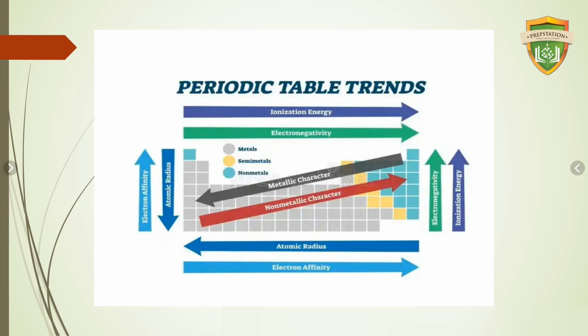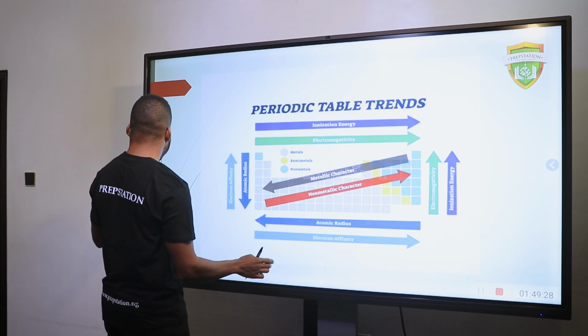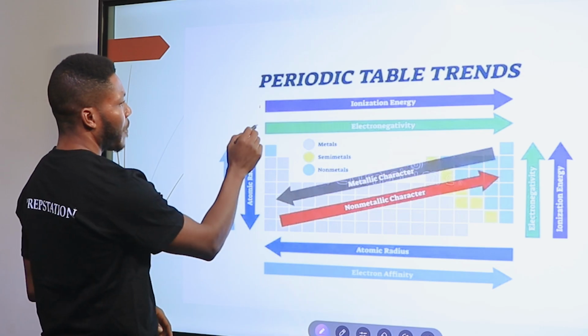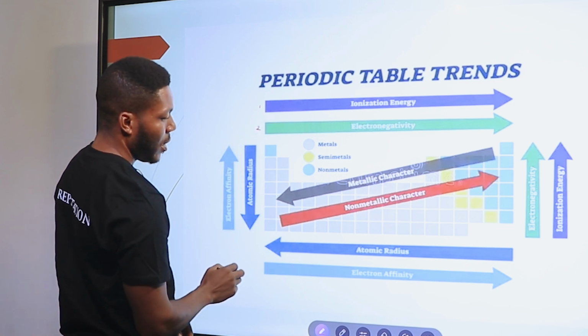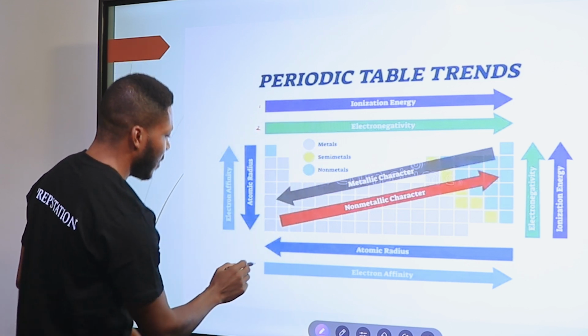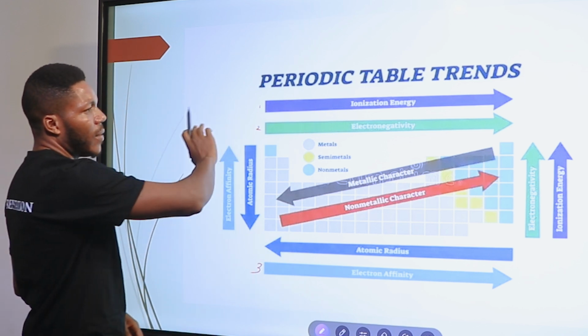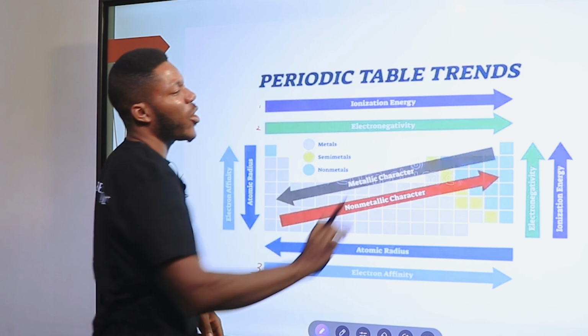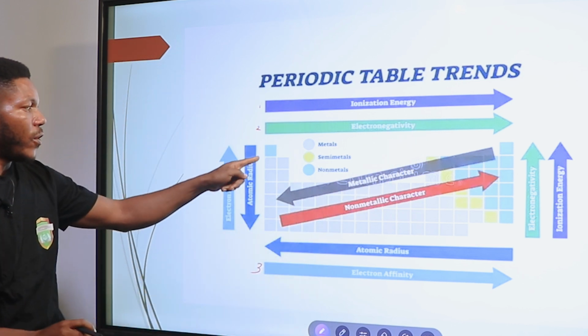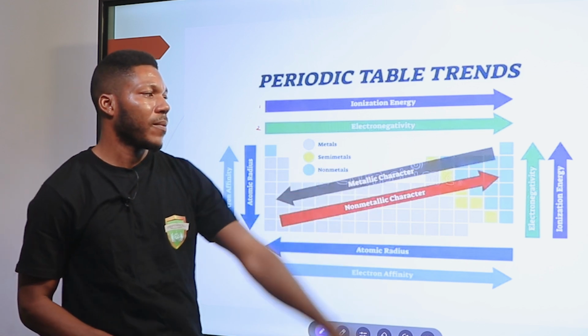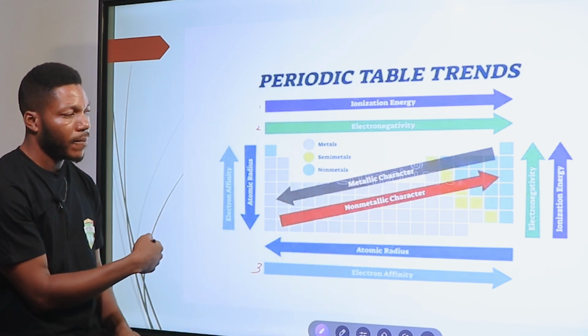There are trends. In the summary, we can see atomic radii, ionization energy, electron affinity, and electronegativity. Electron affinity and electronegativity have the same trend. Both of them are increasing across the period. From period 1 to period 2, they are increasing, whereas the rest are the opposite.